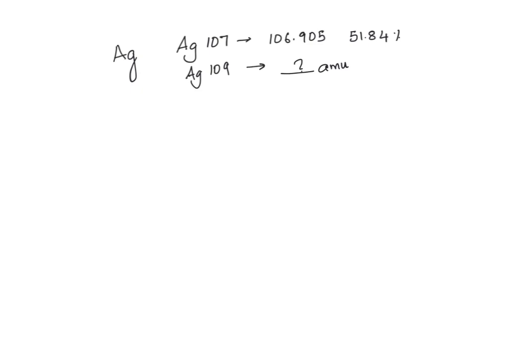Silver, from your periodic table, you will see that it is 107.9 atomic mass units. That's the atomic mass of silver.